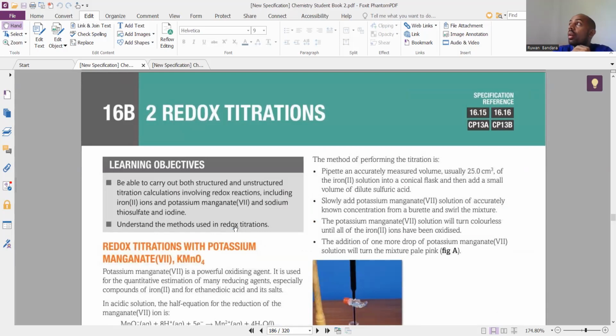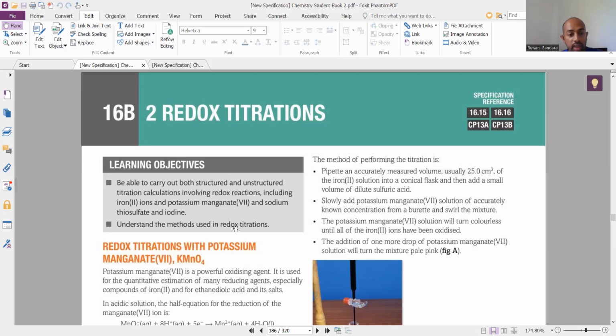From small ages itself, from grade 9, 10, we are learning titration. The titration that we learned was acid-base titration. Acid is there, alkali is there, you add acid to the burette and alkali to the conical flask, add an indicator, and titrate until the indicator changes color.